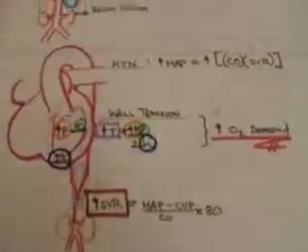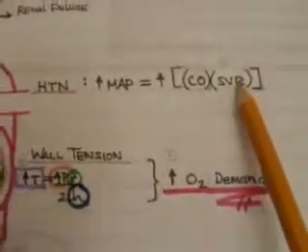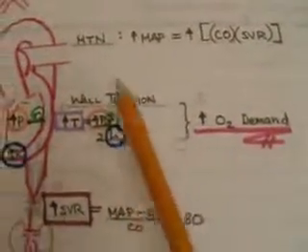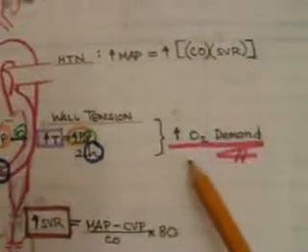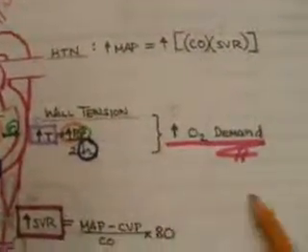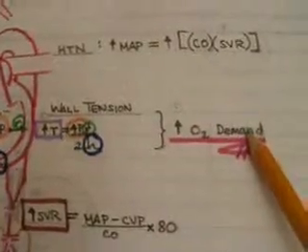In the last lecture, we talked about hypertension, or rather uncontrolled hypertension. We talked about, for example, essential hypertension, where there's an increase in your systemic vascular resistance, which will ultimately increase your wall tension. And we talked about how the increased wall tension leads to an increase in myocardial oxygen demand.